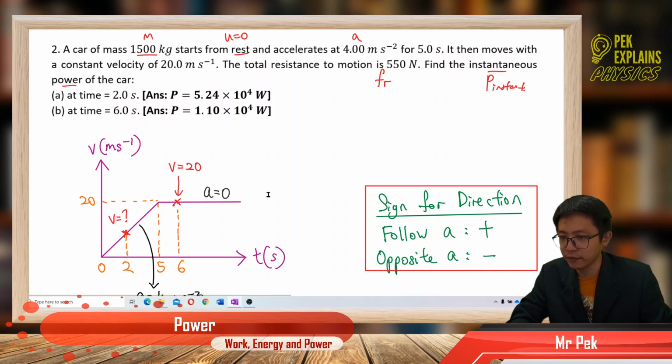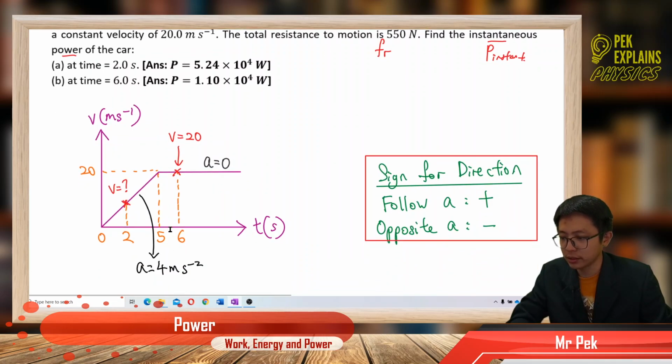From 0 to 5 seconds, it has acceleration 4 meters per second squared. You see, it has a gradient, it has acceleration. Velocity increases from 0 to 20 meters per second.